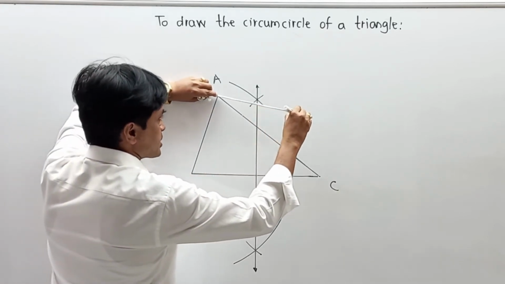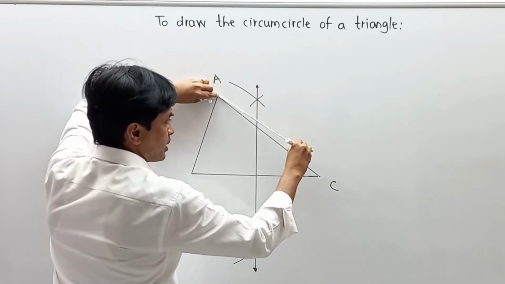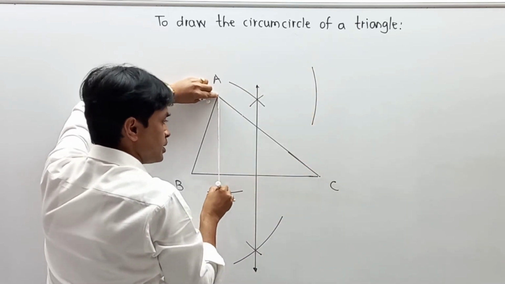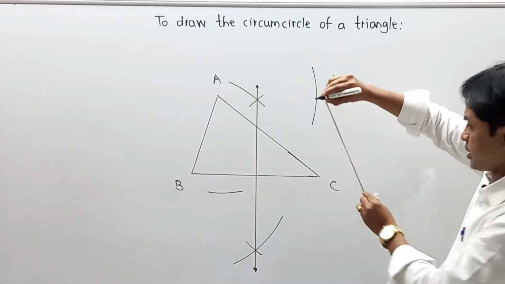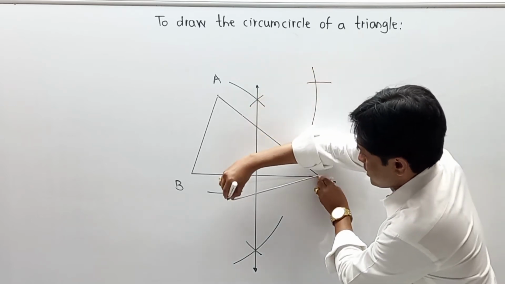Here again I am going to take a distance more than half, and I am going to make the first arc here and the second arc here. Now keeping the same distance from point C, here is the first arc and here is the second arc.